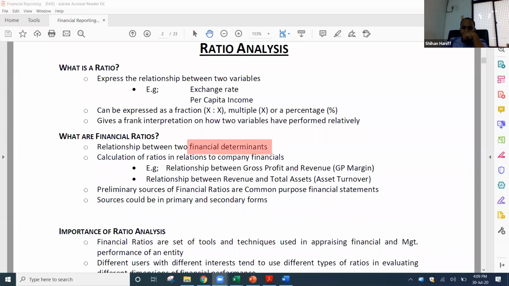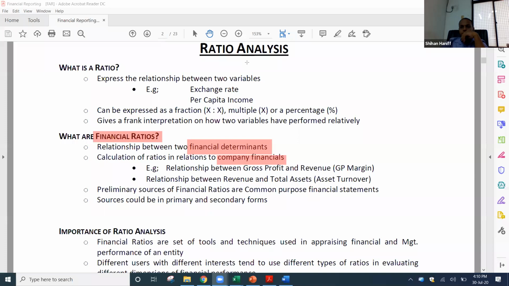What are the financial determinants? Financial determinants are items in the company financial statements, like the income statement and statement of financial position. So we calculate the ratios from the financial statements. In this chapter, we do the calculations for financial ratios.